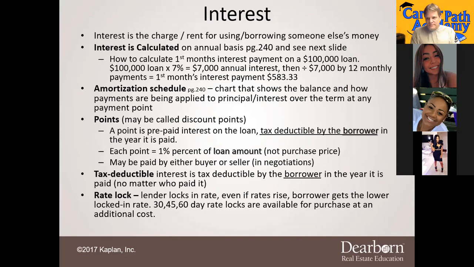Rate lock. Usually when you get a loan, rates are always fluctuating throughout the day. They're going up, they're going down. So when you're a borrower, you get pre-approved or pre-qualified for a loan, you're not locked in at any particular rate yet because those rates are still fluctuating.